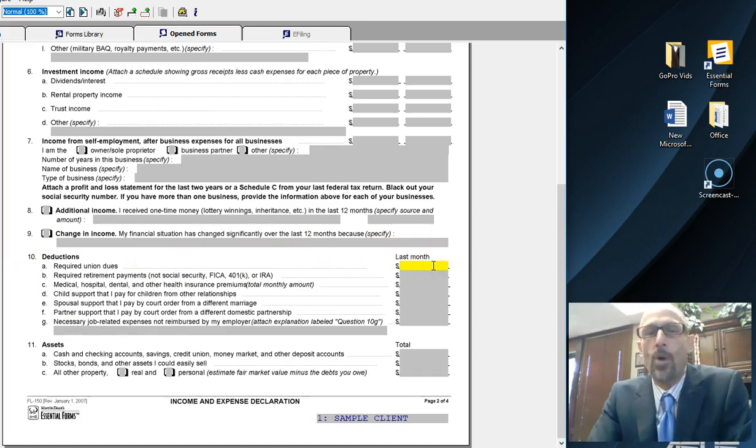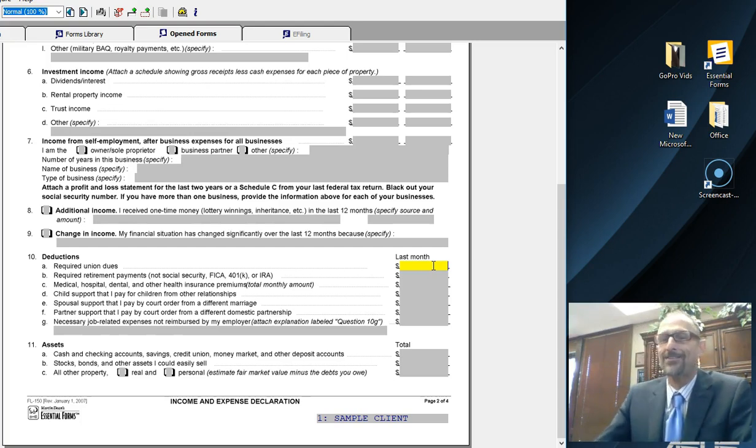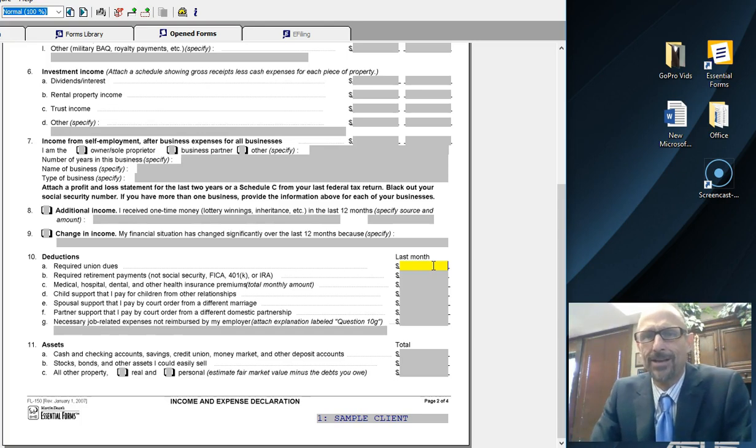Number A is required union dues. If you have union dues, make sure you put in how much you paid for union dues last month. Keep in mind it's usually paid every other paycheck, or on the 1st or on the 15th. It usually doesn't come out of every single paycheck. So look for that. B is required retirement payments.